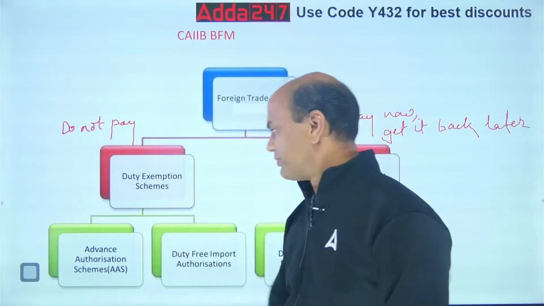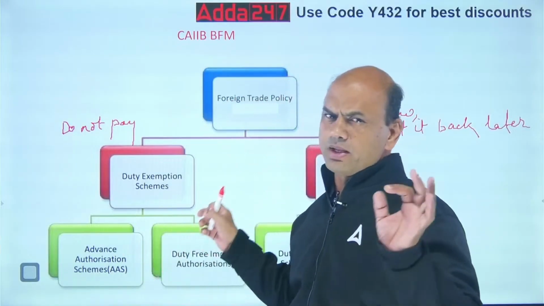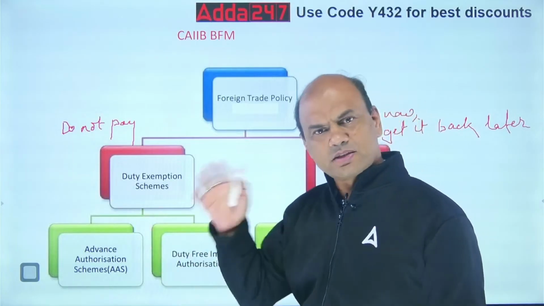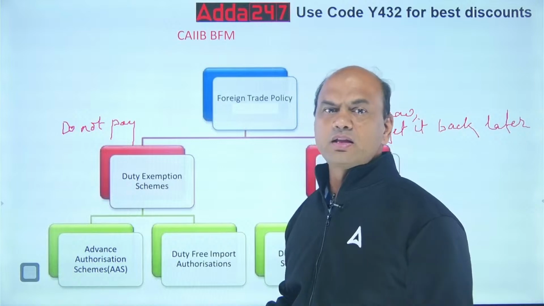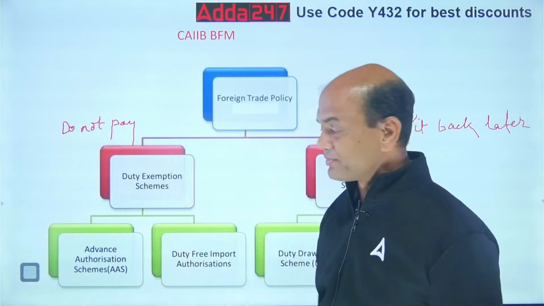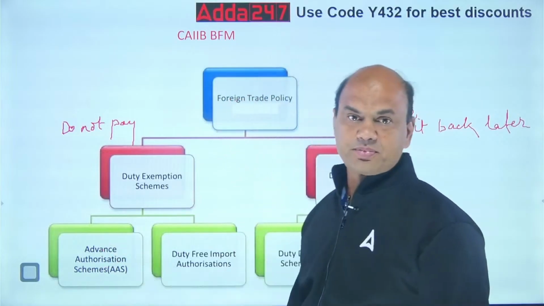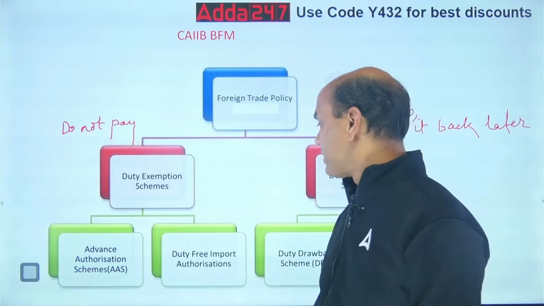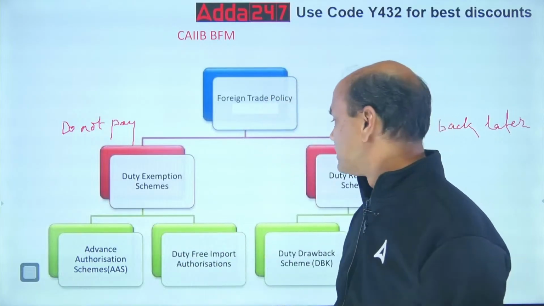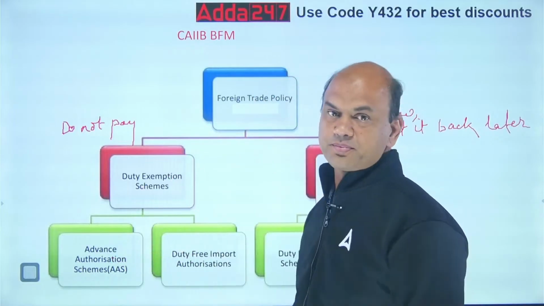What are these? Advance authorization scheme. See, here I have covered the main hero schemes. There are many schemes, but in the given time we can cover only the main ones which are asked in the exams. Advance authorization scheme, number 1. Duty free import authorization, number 2. See this. In both of them, you don't have to pay anything.